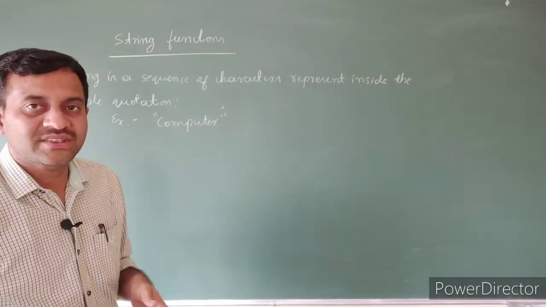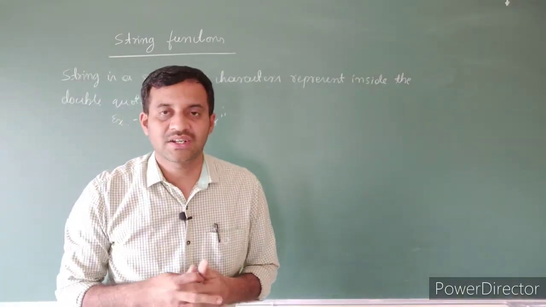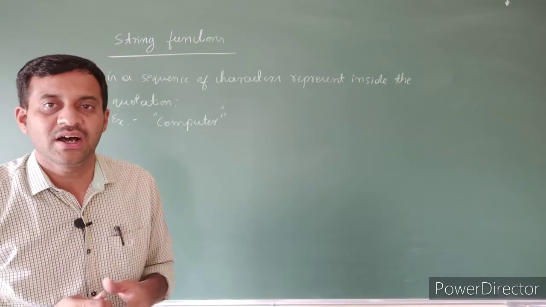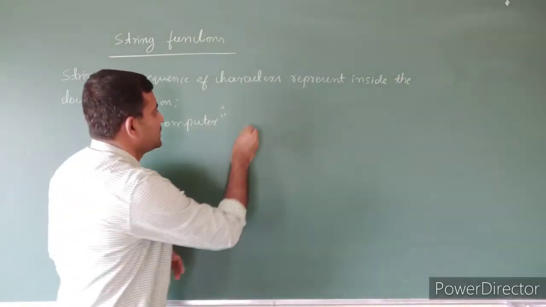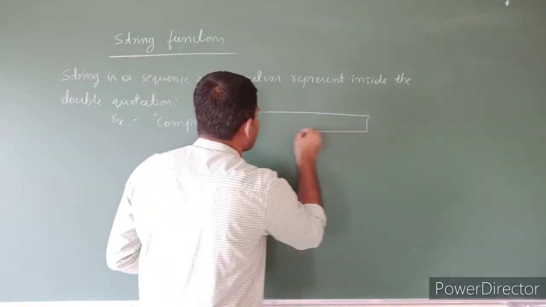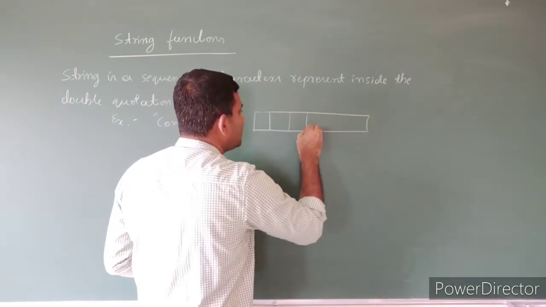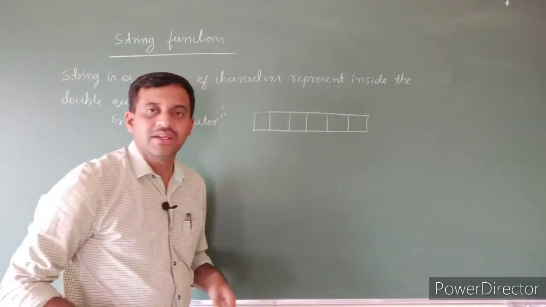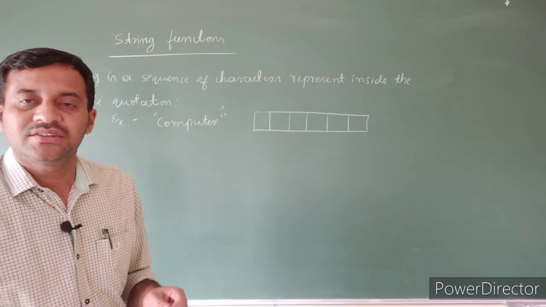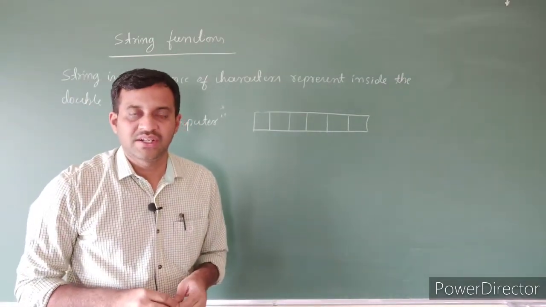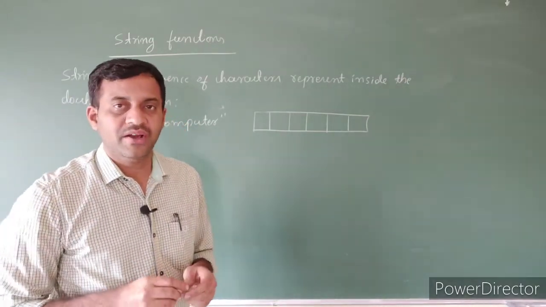Then, to represent a string, we use a one-dimensional array. It is a sequence of characters. We know that each character, the data type char, reserves 1 byte of memory.